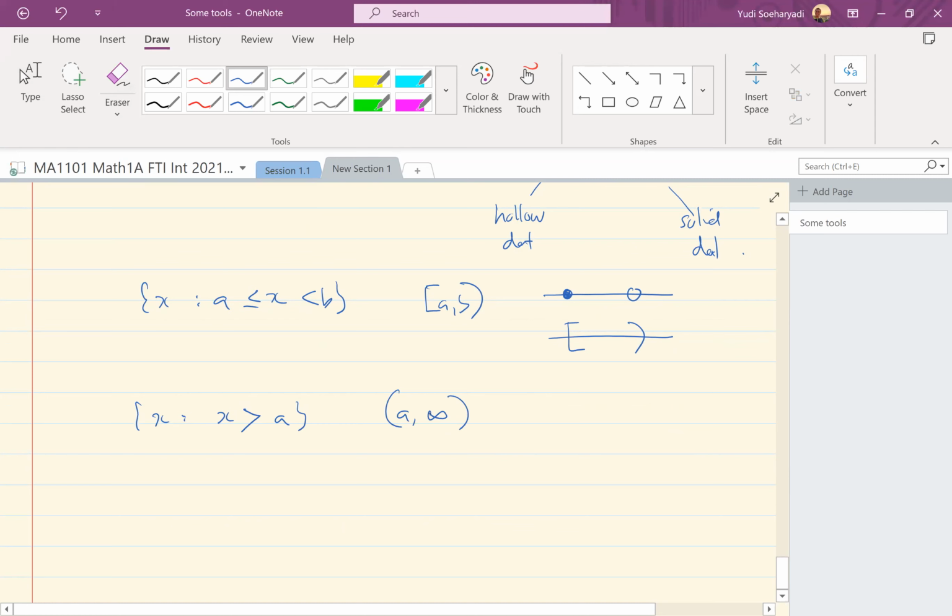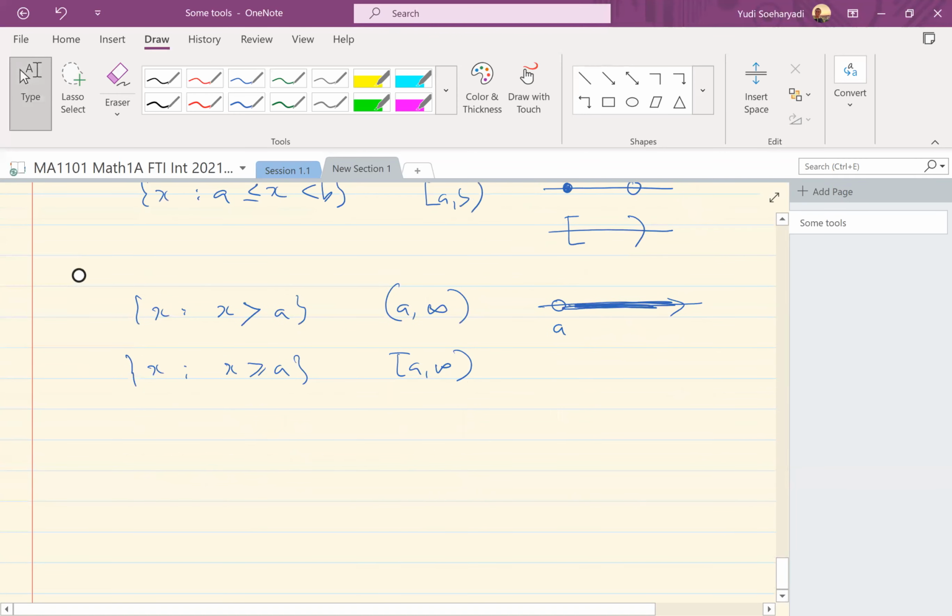This is only notations. So everything's to the right of A. Okay. So you have also A is excluded.